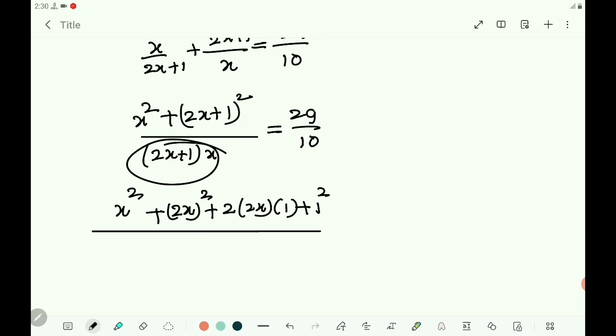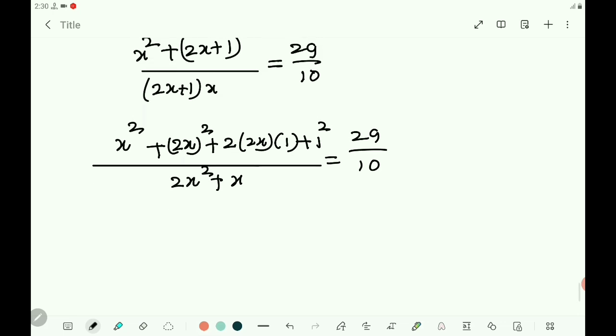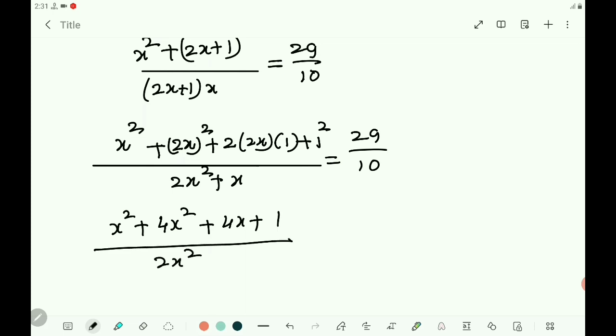The product of these two, x into 2x, is 2x square, plus x into 1, 1x, equals 29 by 10. Then you write x square plus 4x square plus 4x plus 1 by 2x square plus x equals 29 by 10.